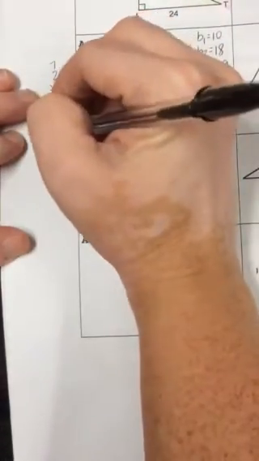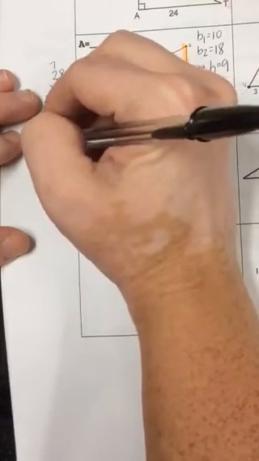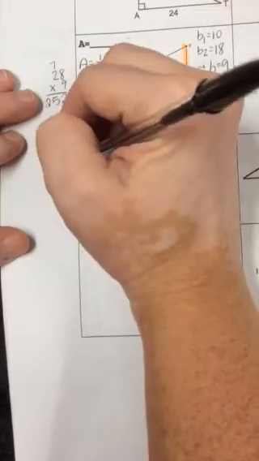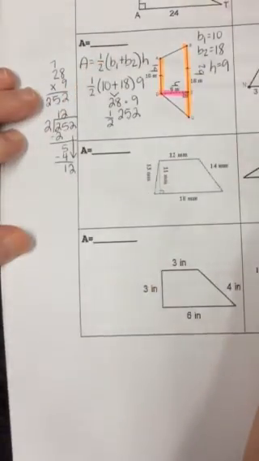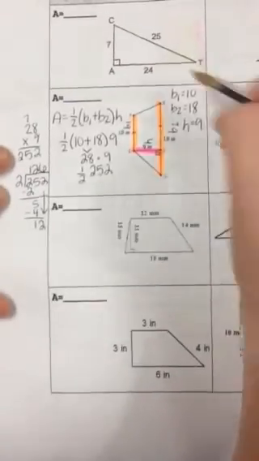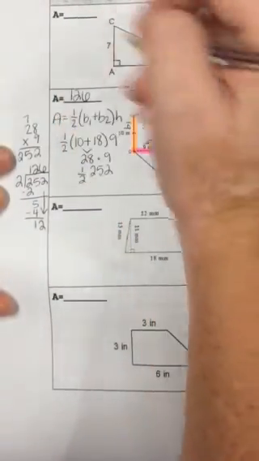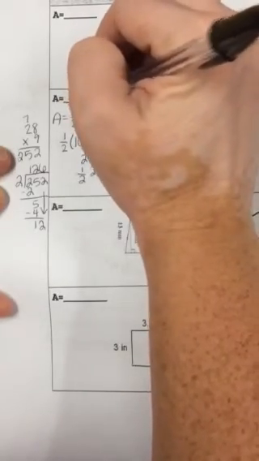So I could take that and divide it out to the side. 252 divided by 2, that's 1. That's 2 to make 4. And the last number, 2, goes into 12 6 times. So if I found the area of the whole trapezoid, it would be 126 meters squared.